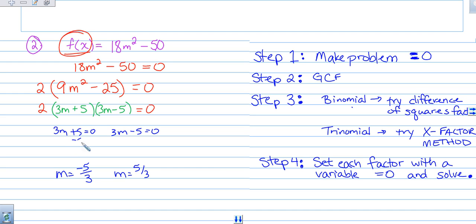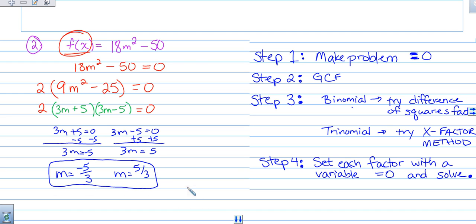But you subtract 5 from both sides, you get 3m equals negative 5, and then you'd have to divide by 3, and that would give you negative 5 over 3. Here you would add 5, and then you would divide by 3 and get 5 over 3. So your answers, your solutions, your roots, your zeros, your x-intercepts are negative 5/3 and positive 5/3.